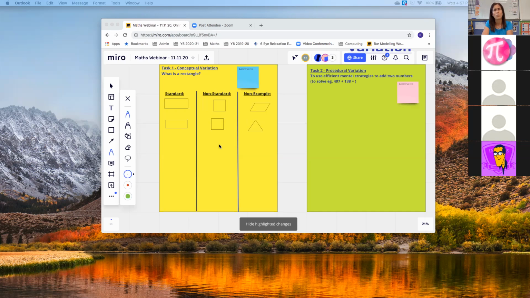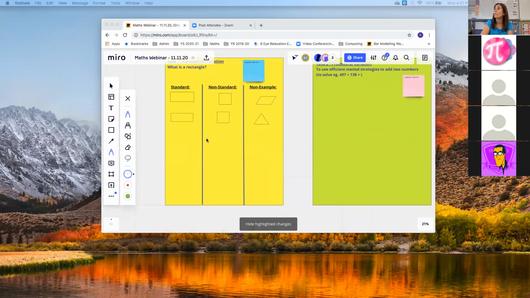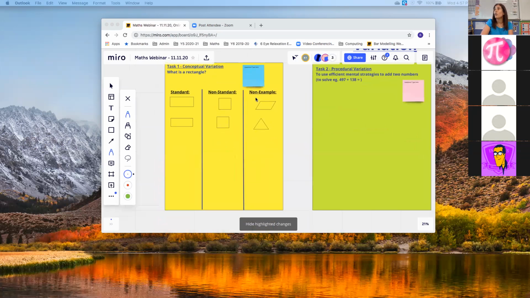They don't realize why it is that a square is a rectangle. And that will allow for that conversation that a rectangle is kind of a parallelogram, but it has interior angles of 90 degrees, and opposite sides are equal, and so on, okay? I forgot to put the definition here, that would have helped. And your non-examples, obviously a parallelogram there, a triangle, that obviously makes sense.